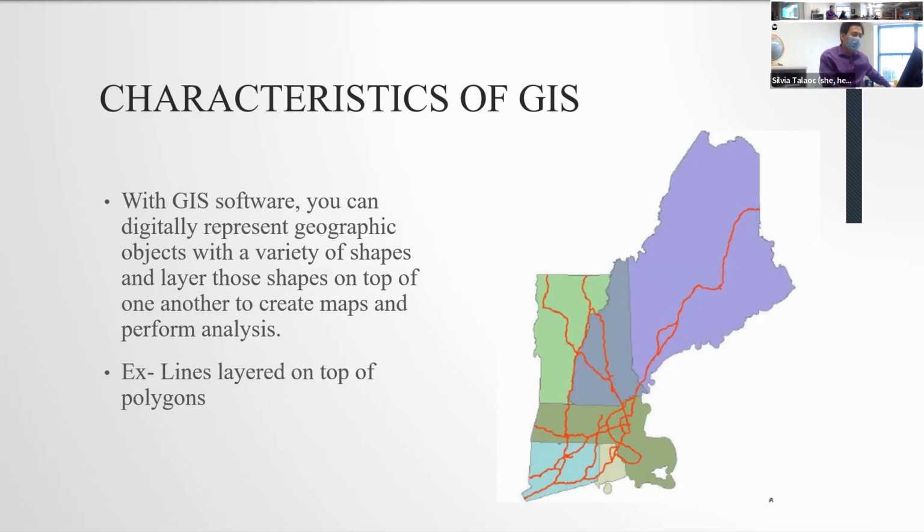Now, my question here then is, do you think the red lines and those polygons were drawn at the same time? Who takes art here? Who has an art background?